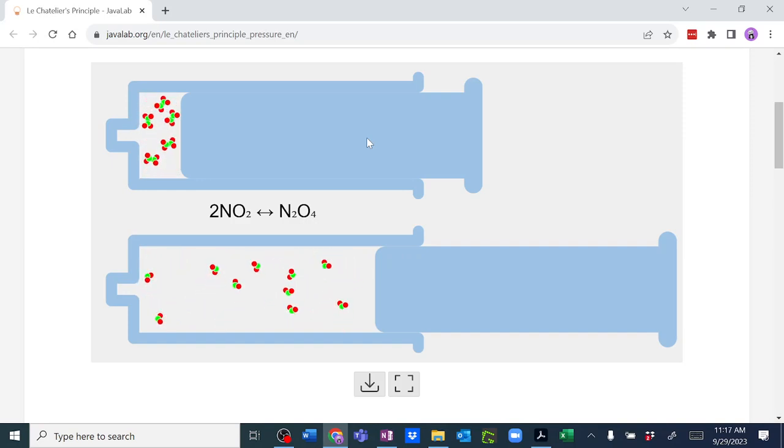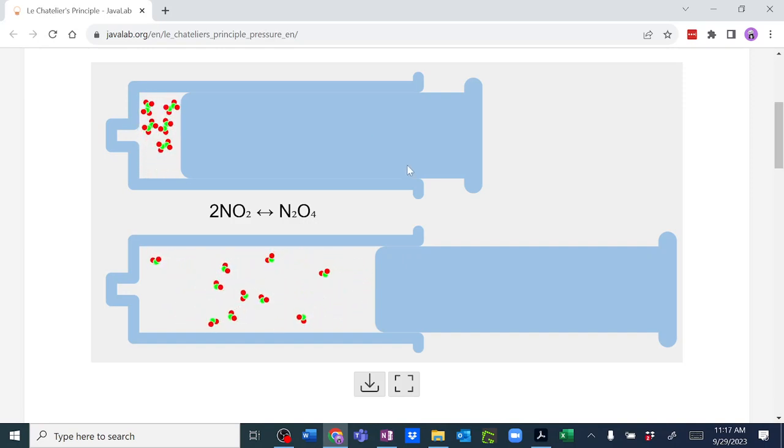You can see when the pressure is greater, we have shifted to the side with fewer molecules in order that the pressure is smaller. When we have a lot of space, we are shifted to the side with more molecules to fill up the space to bring the pressure back up.